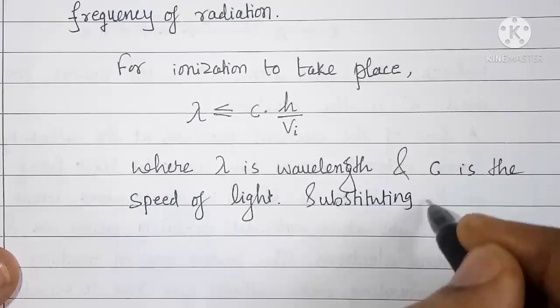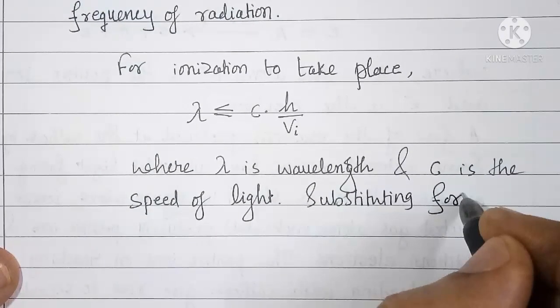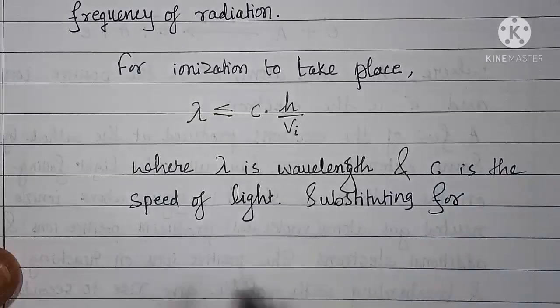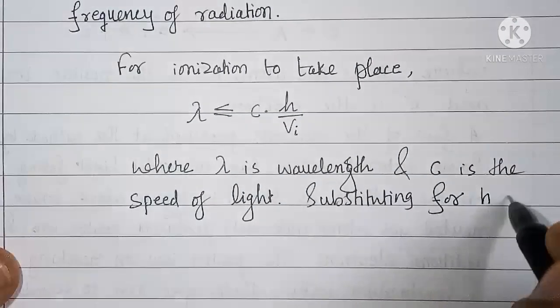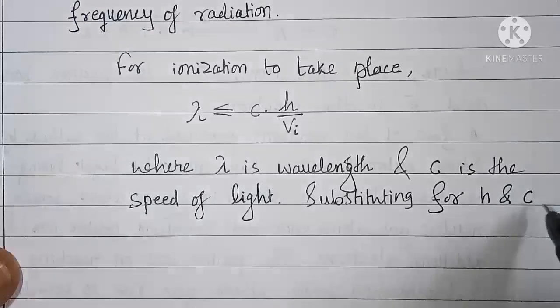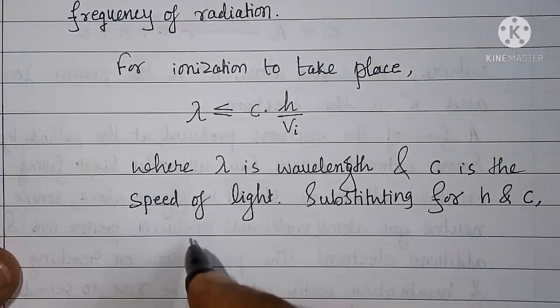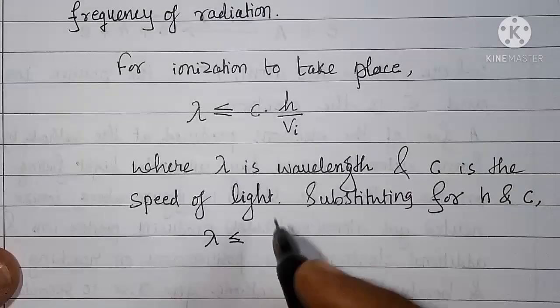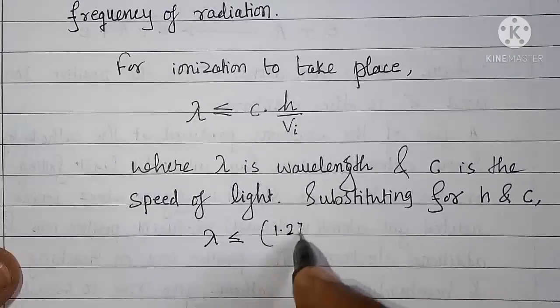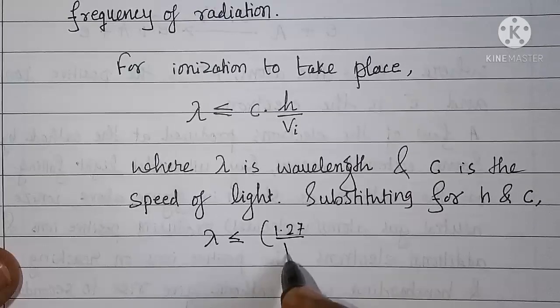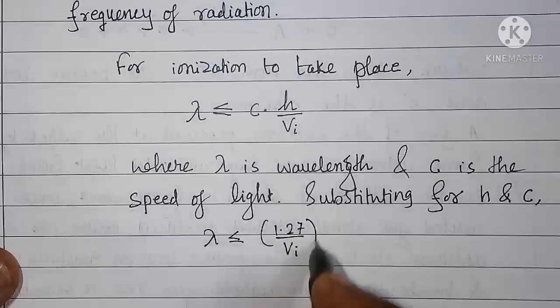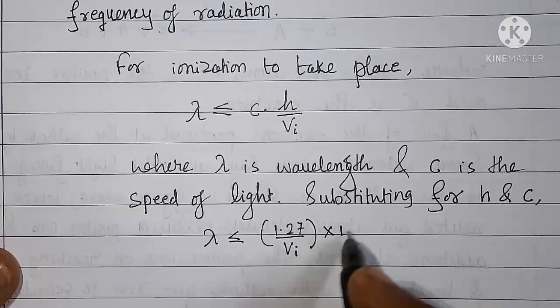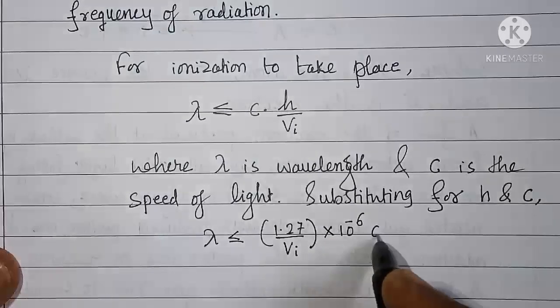Substituting for h and c, we get lambda less than or equal to 1.27 by Vi into 10 to the power minus 6 centimeter.